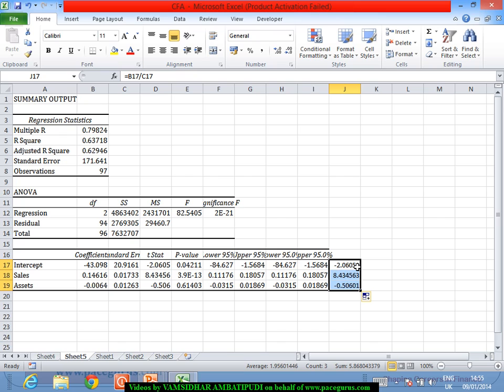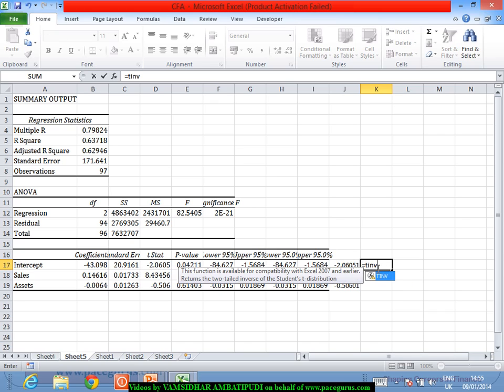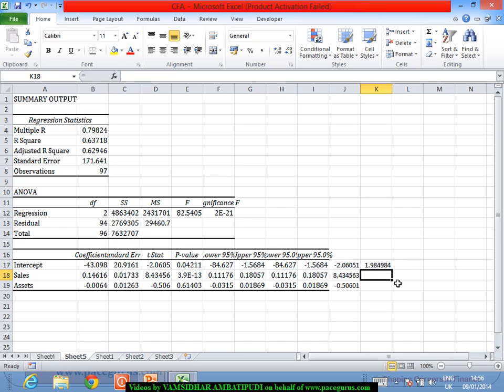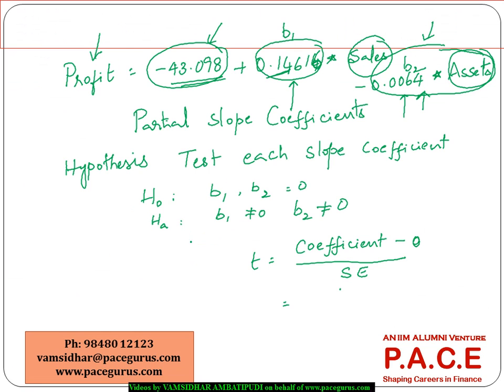Now our intention is to compare the t value with the critical value. How do I look at the critical value corresponding to this? I can easily take it from the t distribution table for a 5% level of significance and 96 degrees of freedom, one less than the sample size. The critical value comes out to 1.984.